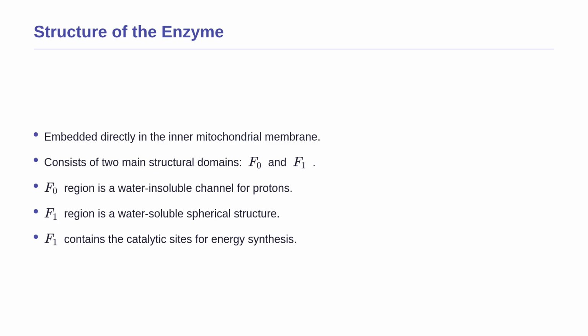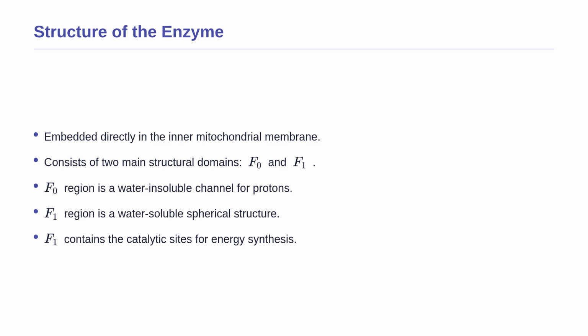Building on that analogy, let us look at the actual structure of this biological turbine. ATP synthase is a highly complex, multi-subunit enzyme embedded right in the inner mitochondrial membrane of eukaryotic cells. It is divided into two main structural domains, known as the F0 and F1 portions.